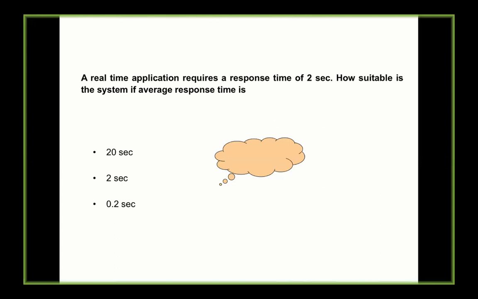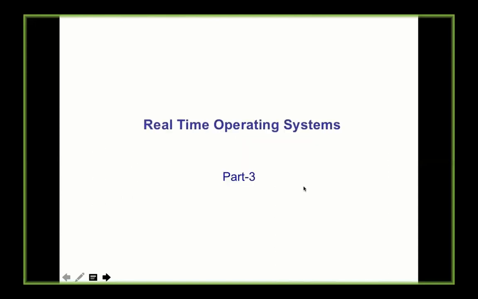Okay, now let's go to a more important thing called a real-time operating system. Operating system is a very notional term from a system software perspective, because it depends on what is shipped from the vendor.